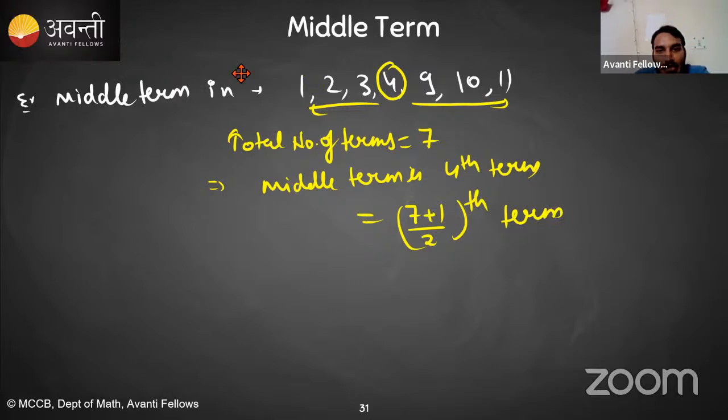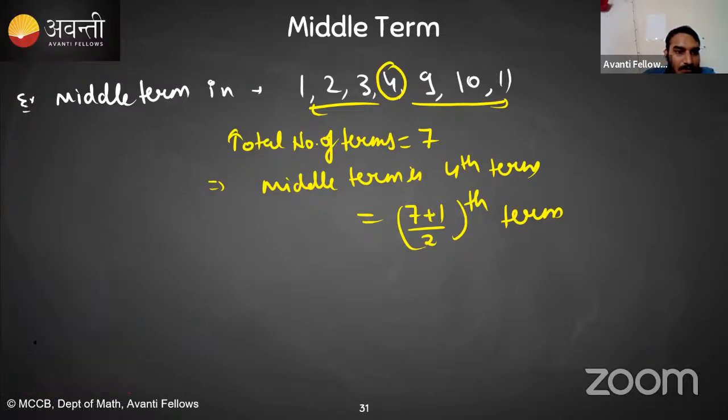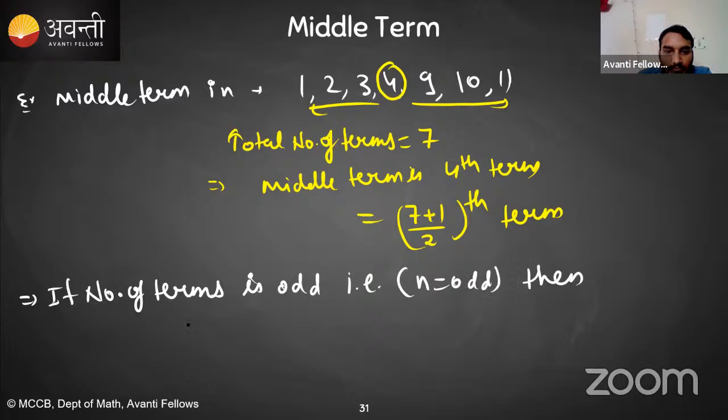Yes, very good, Janvi Changlang. So it means, students, if the number of terms n is odd, then the middle term is the T of (n plus 1) by 2th term.